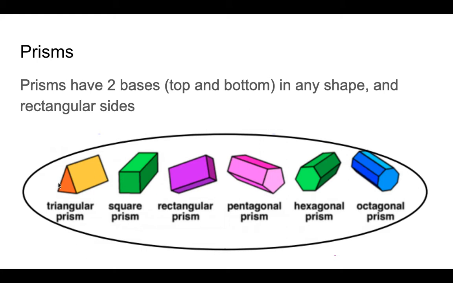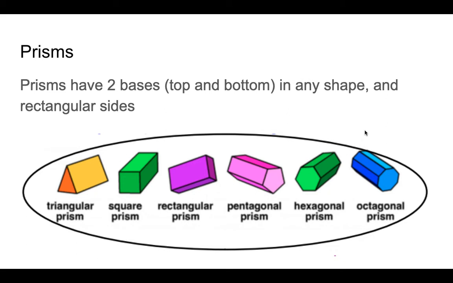Here we have a triangular, a square, rectangular, pentagonal, hexagonal, octagonal prism, and then all the sides connecting those two bases are all rectangles. You can see here, the triangle would have two triangle ends and three rectangular sides. So all of these have rectangular sides.